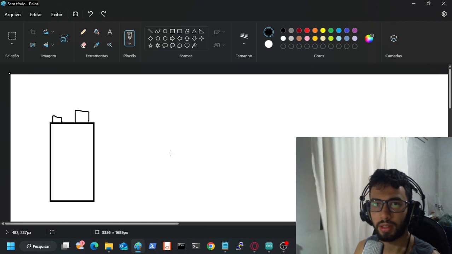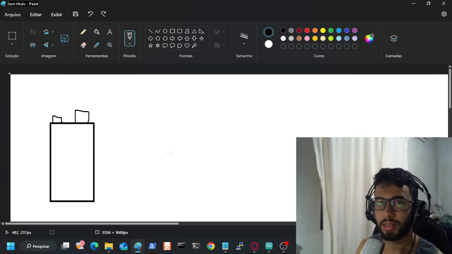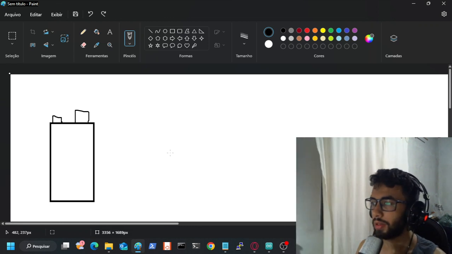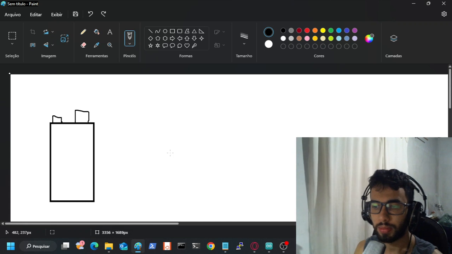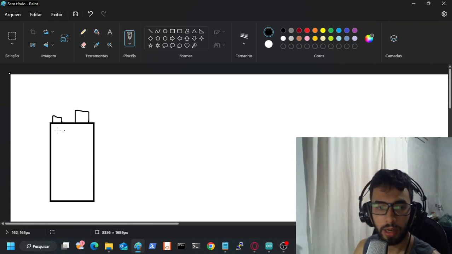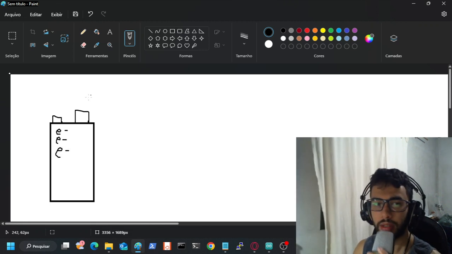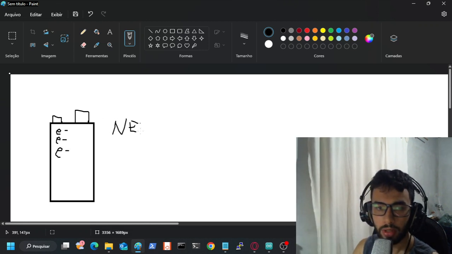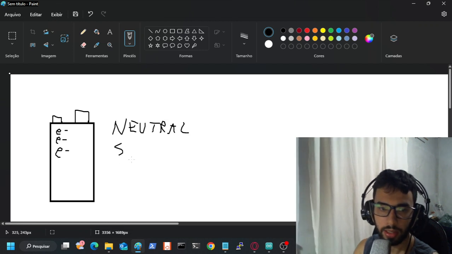If we have the electrons on the negative side instead of the positive side, we don't have the potential difference, right? So now those electrons are in a neutral state.